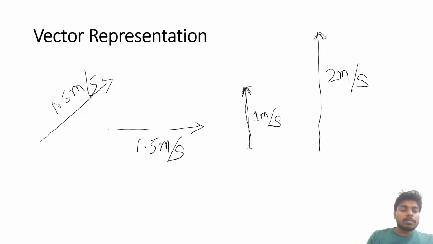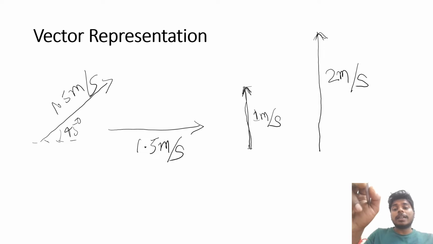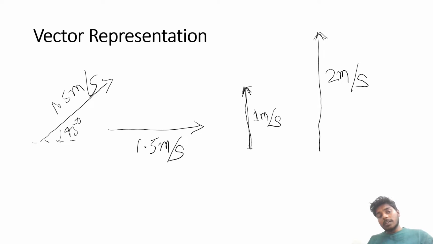This is making around a 45-degree angle with the surface. This is making 0 degrees, this is 90 degrees, this is again 90 degrees. So the arrow is showing the direction of that vector, and the length of the arrow is showing the velocity of the vector.